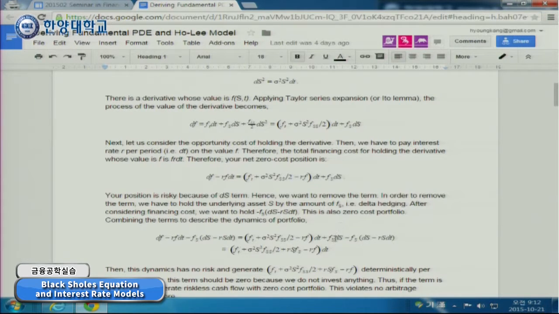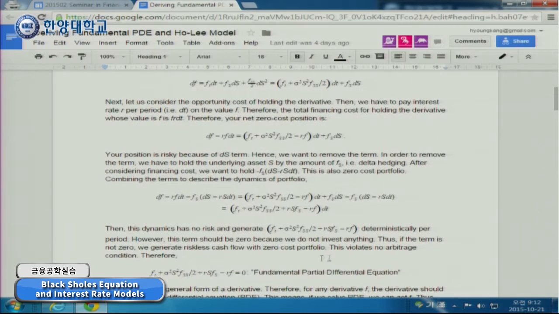If you write this down, you can get rid of the risky term, so you have only the deterministic term. You don't have risk because you hedged out your risk. Then this dynamics has no risk and generates the term in the parentheses deterministically. It is now deterministic, there is no stochastic term per period. However, this term should be zero because we do not invest anything.